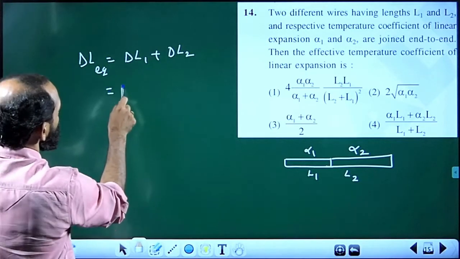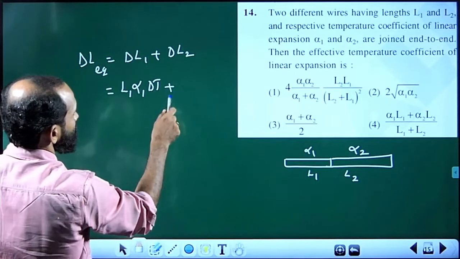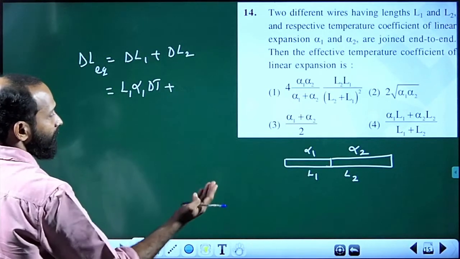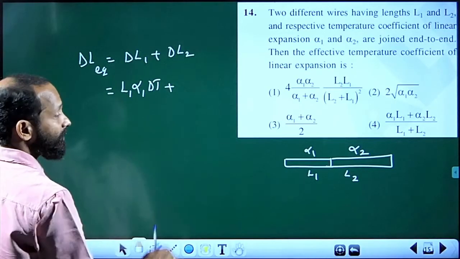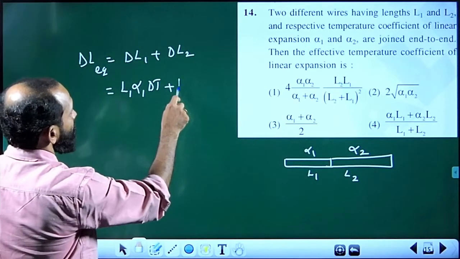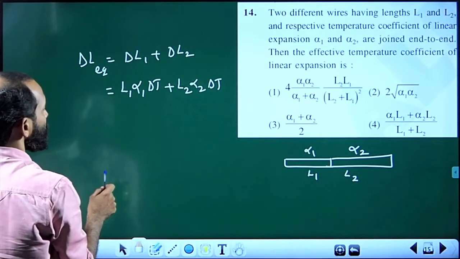What is delta L1? L1 alpha 1 delta T plus L2 alpha 2 delta T, because the wires are given a constant temperature difference all along the cross sections of the wires. Delta T is the same.